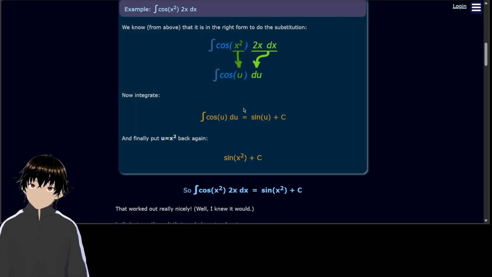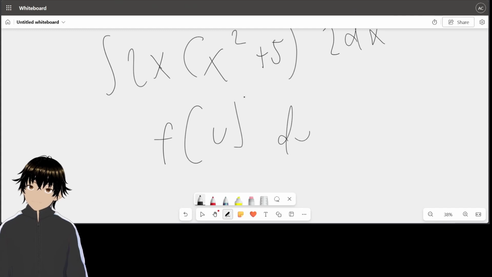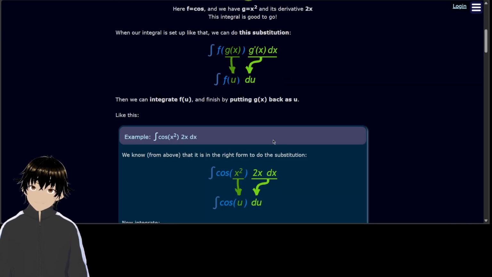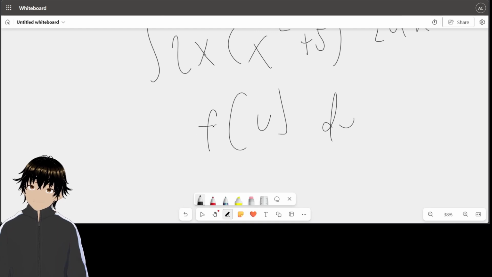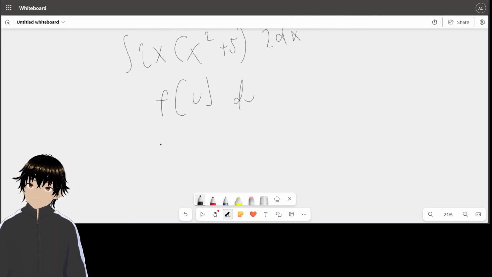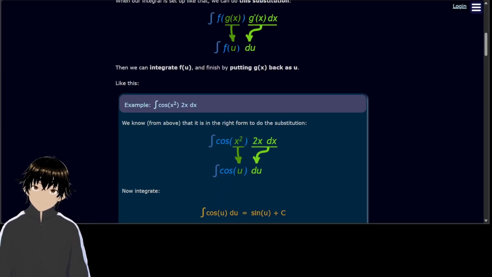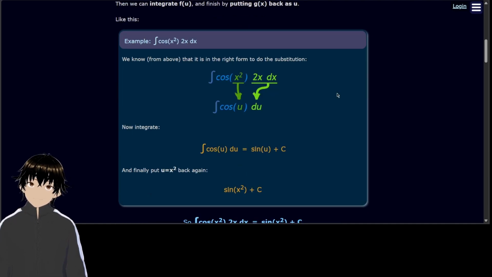So f of u, hold on. Okay. So you just have to substitute this with, yeah. So first it's the du is this. Cosine is x squared.